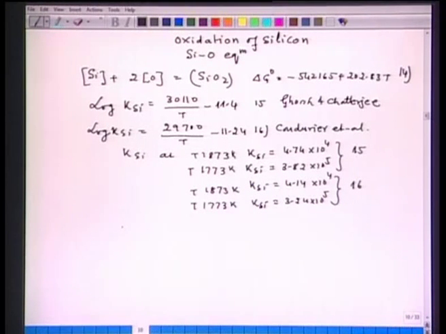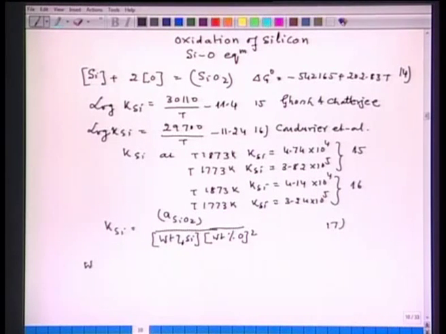Now, if I write down the value of K from equation 14, then I get K silicon equal to activity of SiO2 in slag upon weight percent silicon in metal into weight percent O square, and let us put this as equation 17.